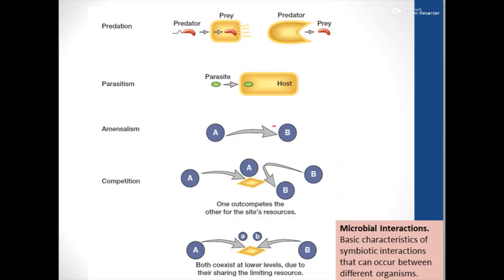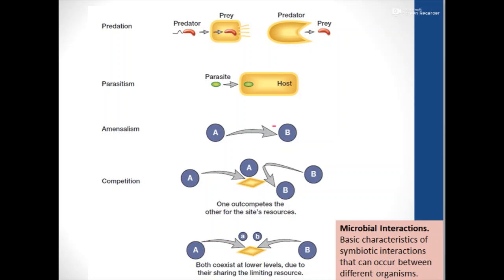Now, what is an example of amensalism? I'll tell you one example. When a particular organism is growing in the environment and producing an antibiotic which inhibits the growth of other organisms, that is a case of amensalism. One specific example is Thiobacillus thiooxidans, a type of bacteria which oxidizes sulfur and produces a large amount of sulfuric acid.